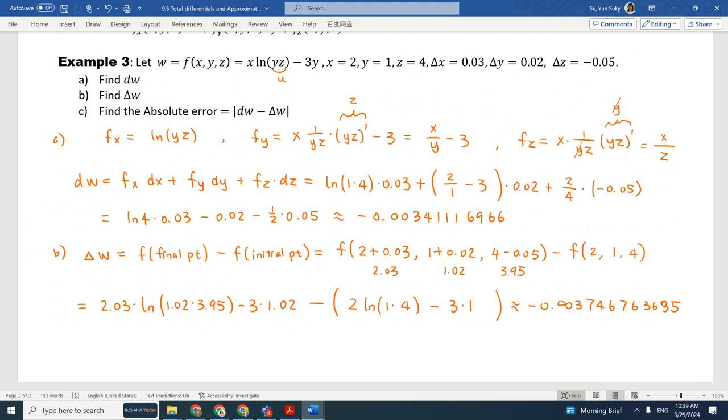Okay, part C, the absolute error. The difference of them. So I can use one number and subtract the second number. So in your calculator, can you go up to that number and enter, and then subtract, go up to the previous line and enter? And what is the difference?